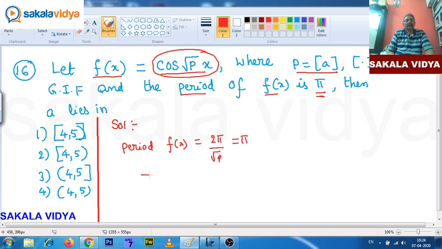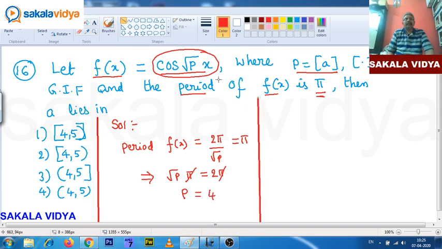So cross multiplying, root p times pi equals 2 pi, this pi gets cancelled, squaring on both sides we get p is equal to 4. But p here is the integral part of a, so the integral part of a equals 4.